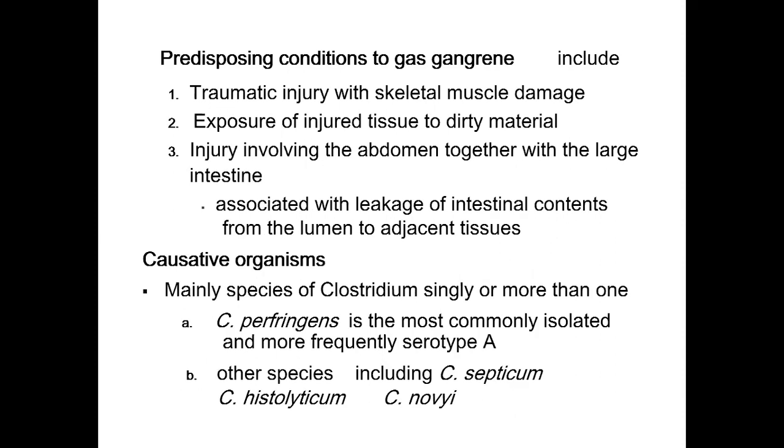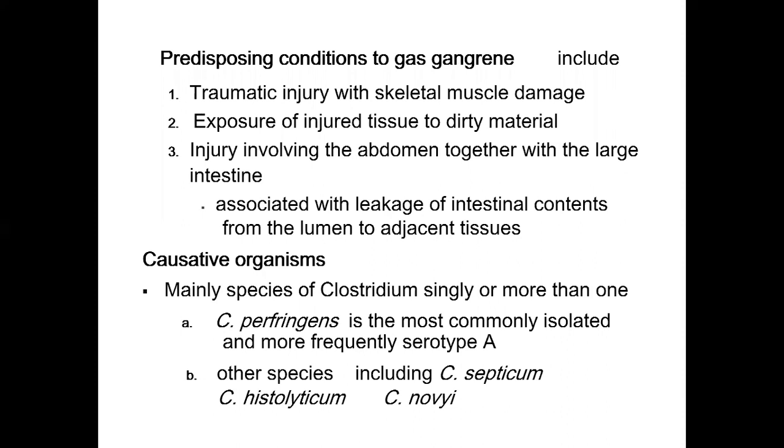So there are some predisposing factors to this condition called gas gangrene. One is traumatic injury. In other words, a wound, most of the time caused by trauma, severe enough to cause destruction or injury to the skeletal muscle at that site. Then the injured soft tissue might also be exposed to dirty material, and the chances of developing gas gangrene are then higher.